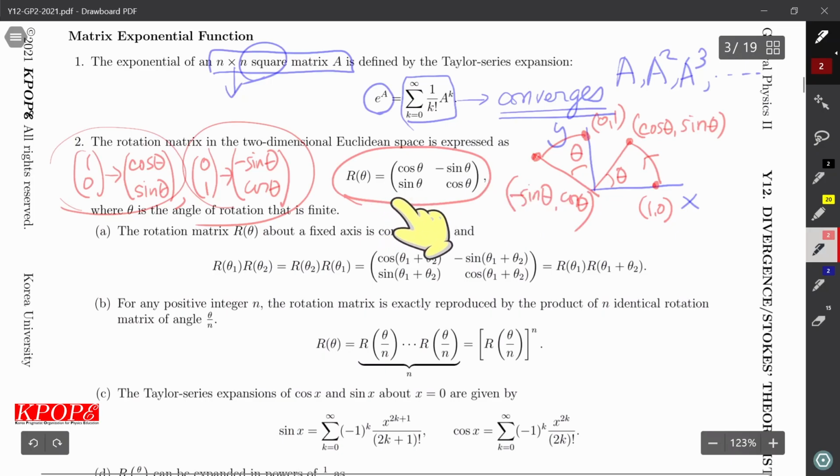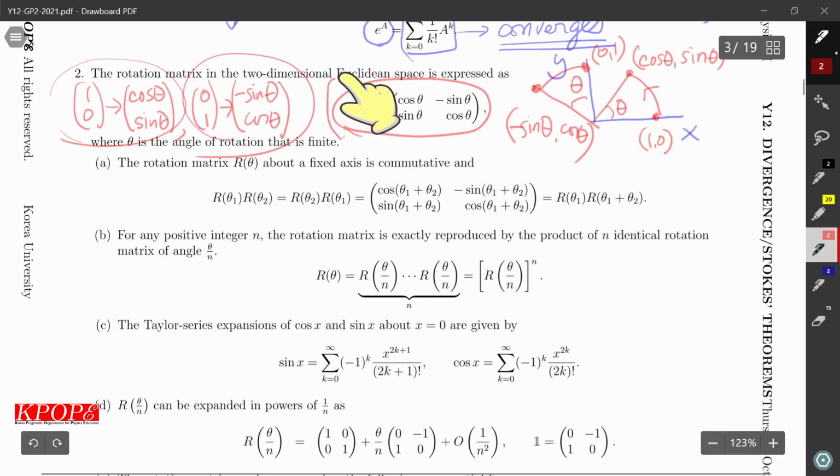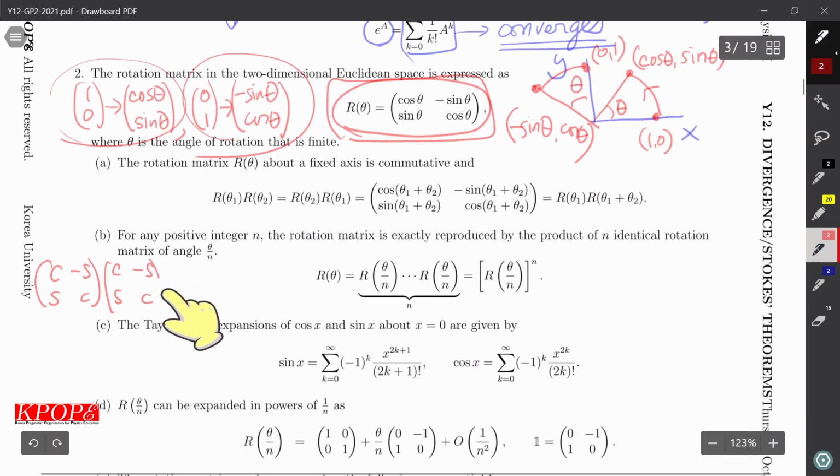If we multiply two rotation matrices with the same angle, what we obtain is cosine squared minus sine squared, 2 cosine sine, minus 2 cosine sine, cosine squared minus sine squared.